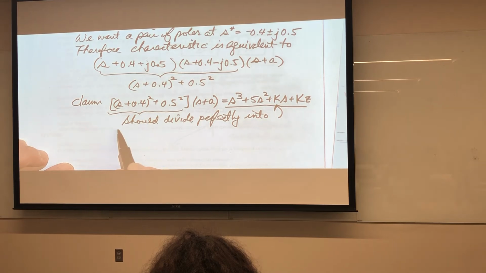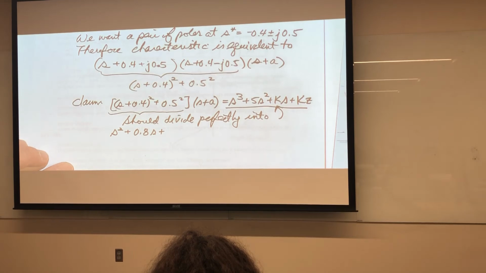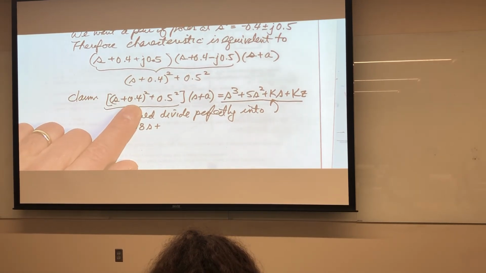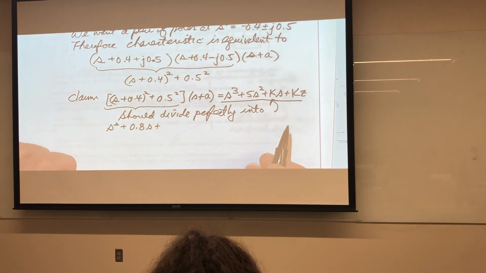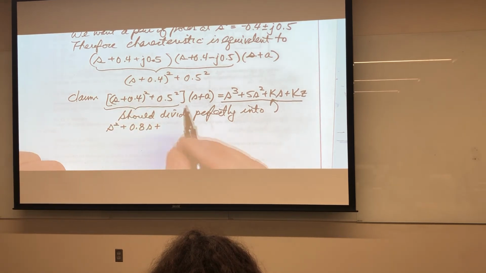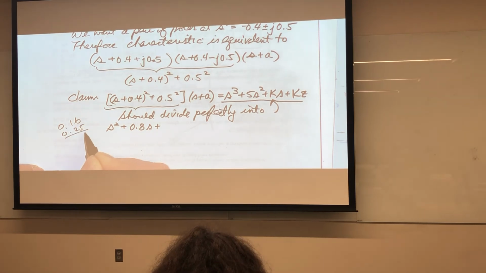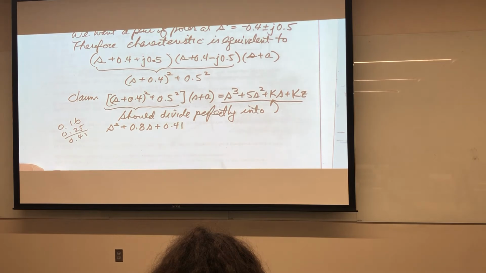Clean this up a little bit. This factor is s squared plus 0.8s plus 0.4 squared is 0.16, 0.16 plus 0.25, 0.41.